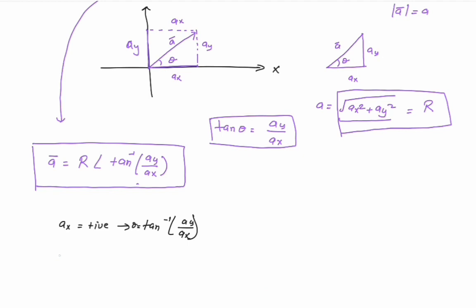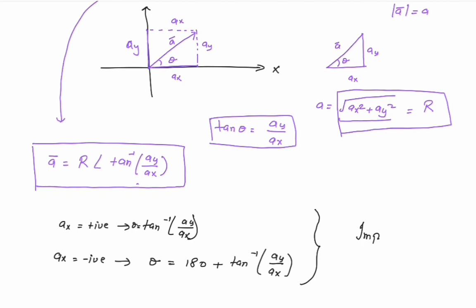But if you find that ax is negative, use this formula: theta will be given by 180 plus tan inverse ay upon ax. This is an important point to remember while solving the numericals. Otherwise, you will get the wrong answer.